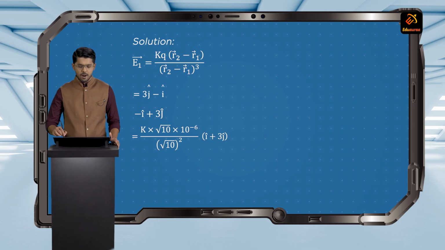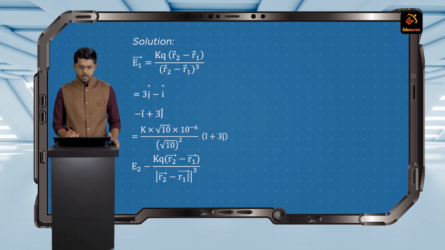Let's again try to write the electric field due to Q2, which will again be written as KQ into vector (R2 minus R1) upon the magnitude of (R2 minus R1) whole cube. In this case, let's call the points on the y-axis P and Q. So essentially, you are to write vector PQ.